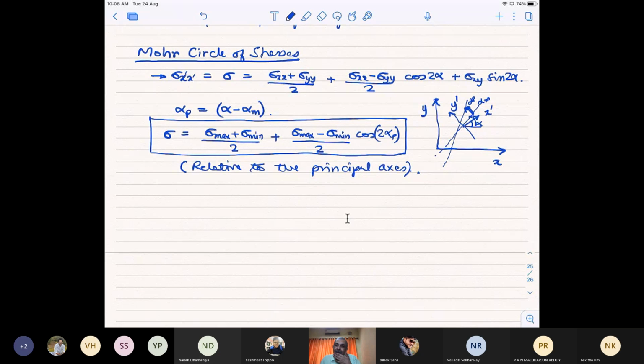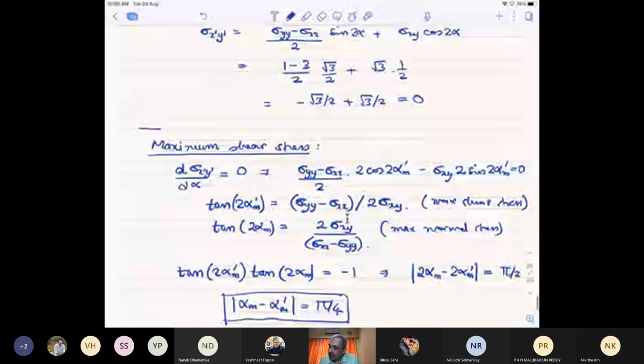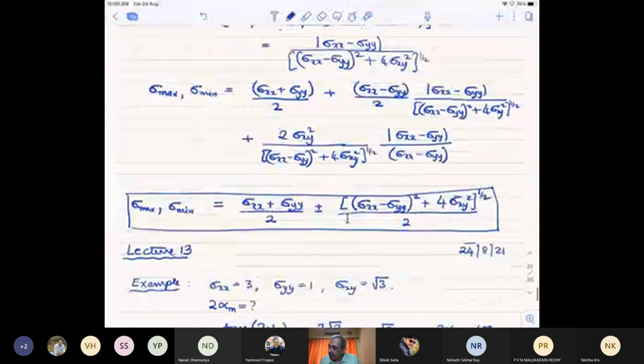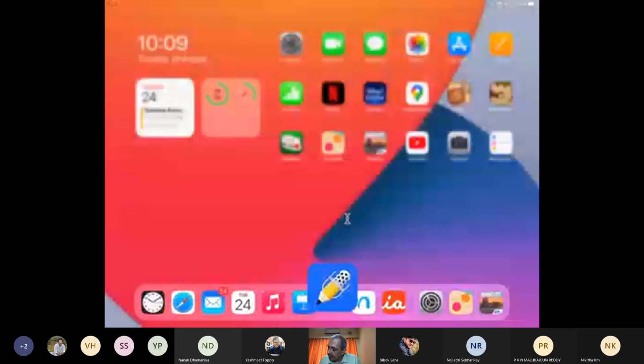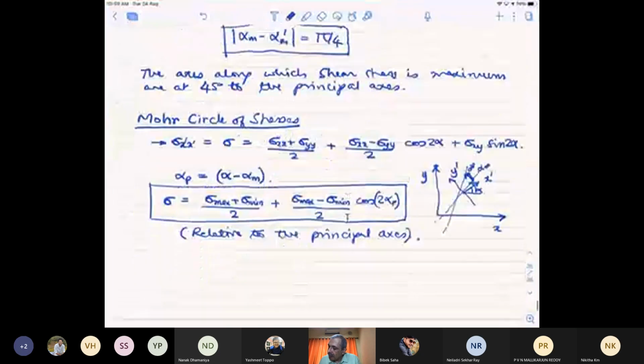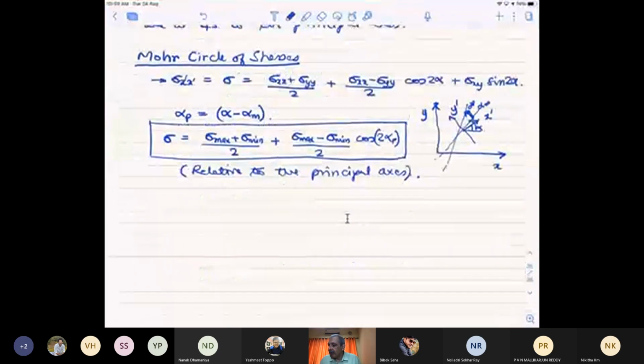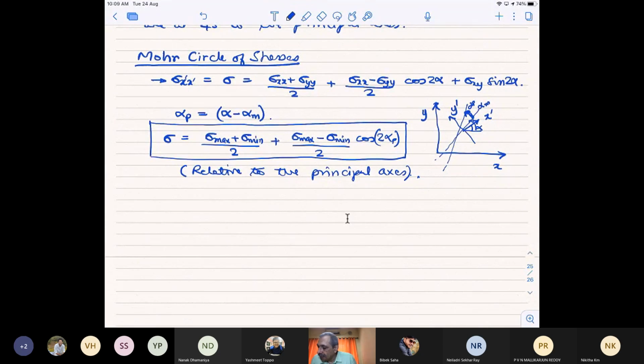You get it? So what we did was essentially we have written everything in such a way that everything is in terms of the maximum and minimum normal stresses, which given any stress tensor, we've seen we can always calculate these sigma max, sigma min, and alpha m. So given any stress tensor, we can easily write this down.